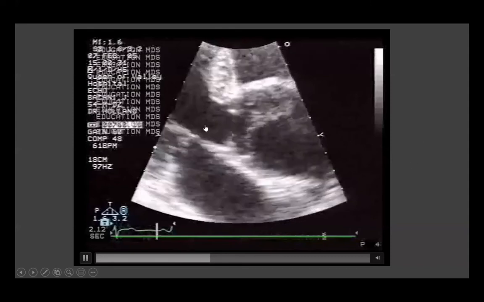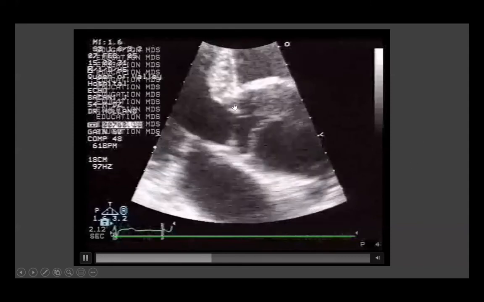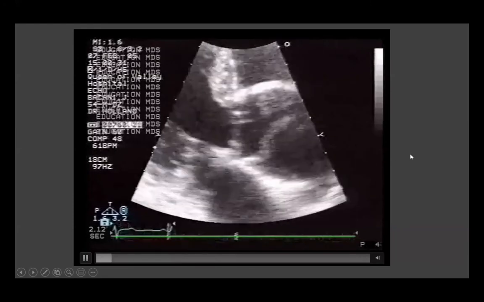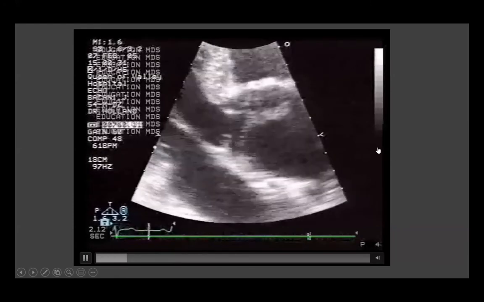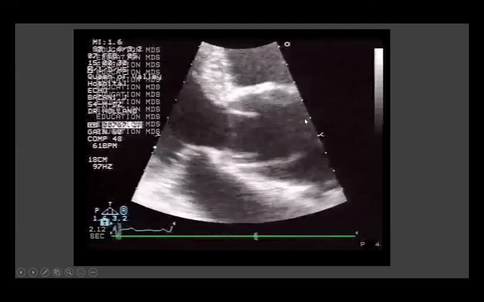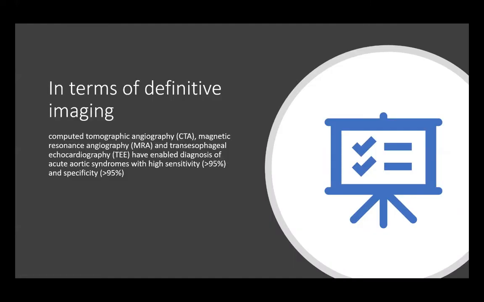Also, you can very easily see the aortic valve here, and with the use of Doppler, you can easily assess its function. So we said that transthoracic echo is not definitive.